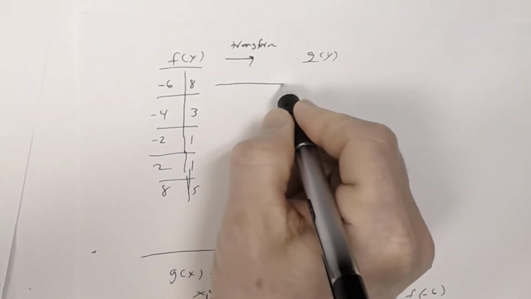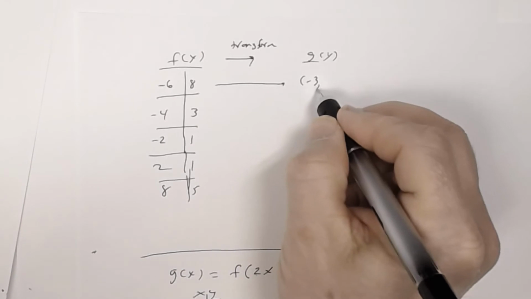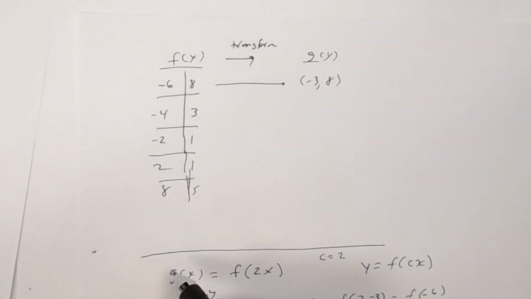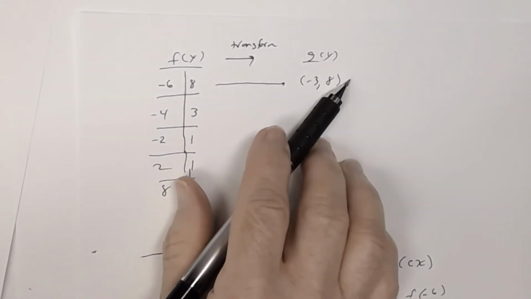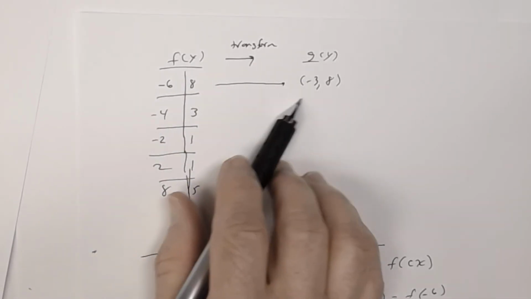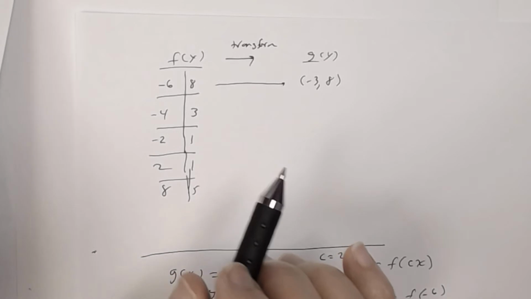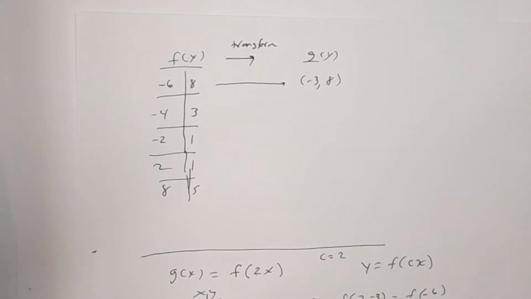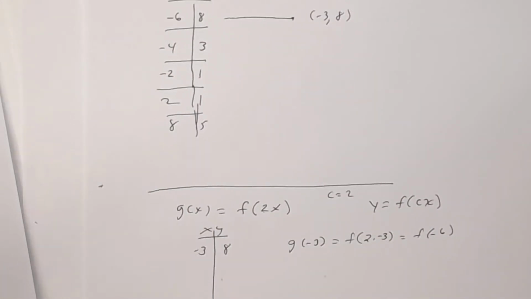That point became negative 3, 8, right? So notice that the y values are the same, but what changed? The x values. The x coordinates changed, right? Okay, so listen carefully. Let's continue on, and you're going to see what I'm getting at. All right, now let's look at this one then.